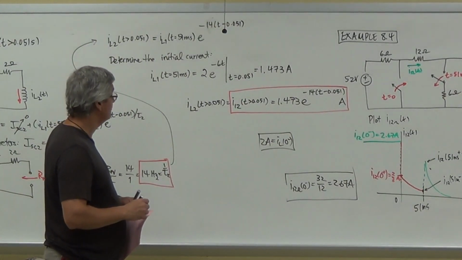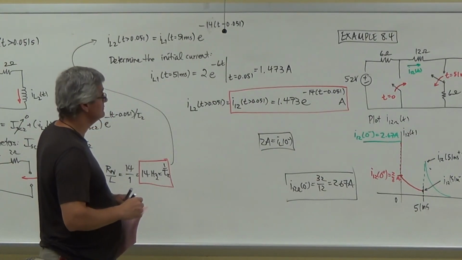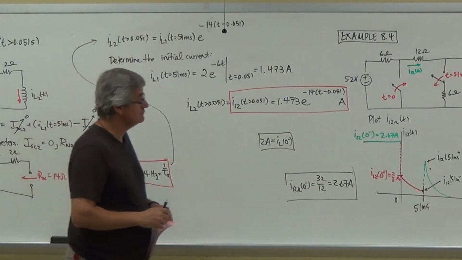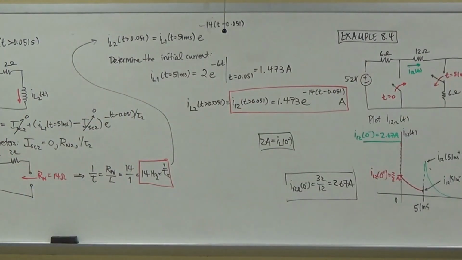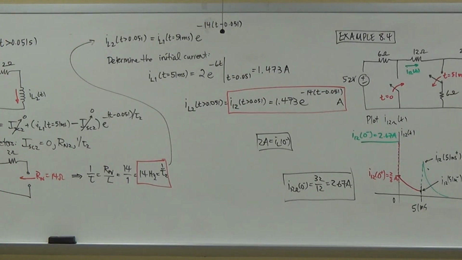Because the inductor current is 3 times the 12 ohm resistor current, and then the equation on the right, because it's 2/3. Yeah. Oh yeah, I totally agree. I just don't have that numerical value. That's all I'm saying. Okay.